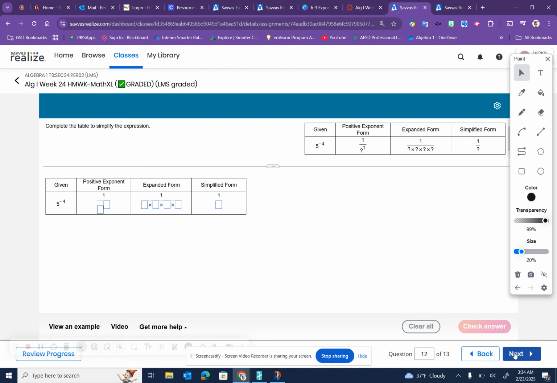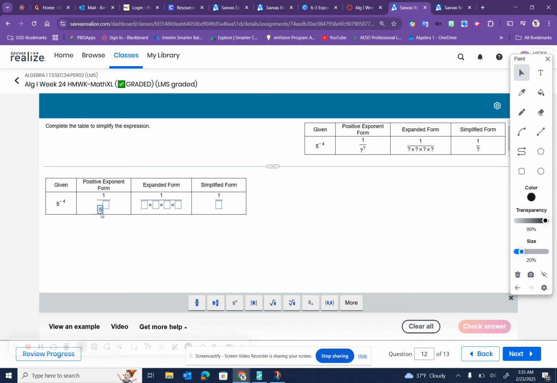Here we need to complete a table. We are given 5 to the negative 4th power. What is it equal to as a positive exponent? When we bring it to the denominator, we keep the base 5, but it goes from a negative 4 power to a positive 4. Exponents mean you take the base and multiply it by itself as many times as you see in the exponent.